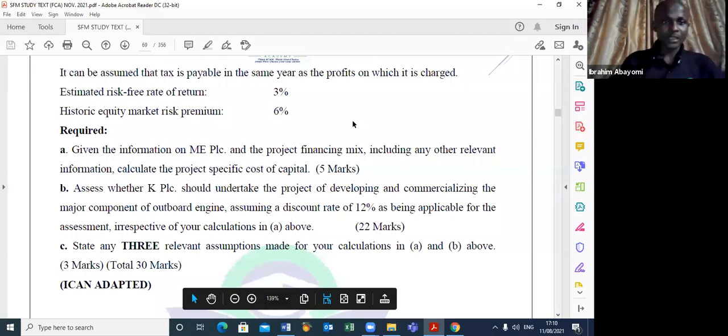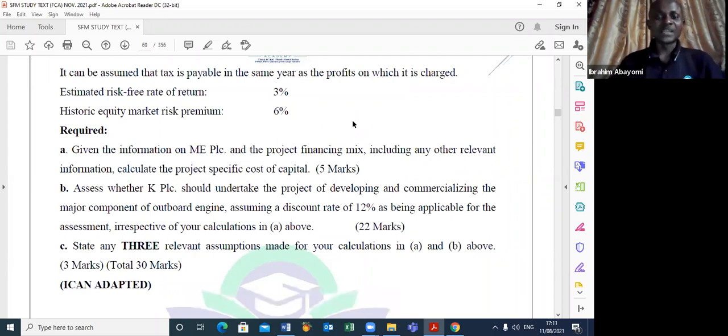Required. A, given the information on MEPSC and the project financing mix, including any other relevant information, calculate the project specific cost of capital.